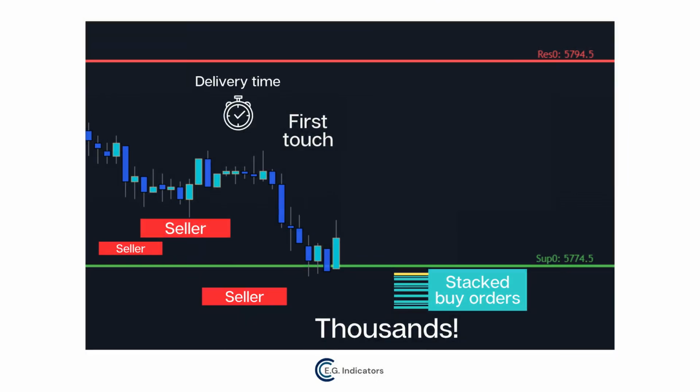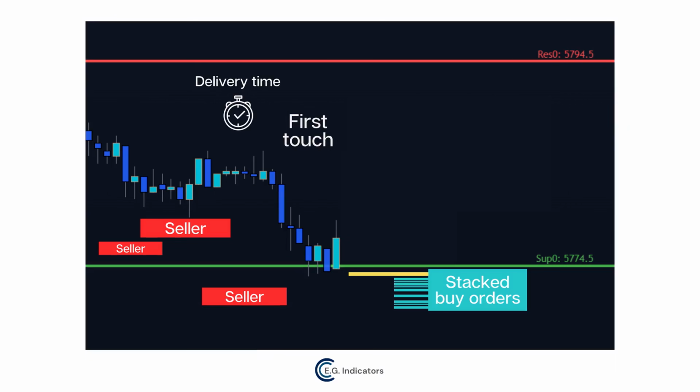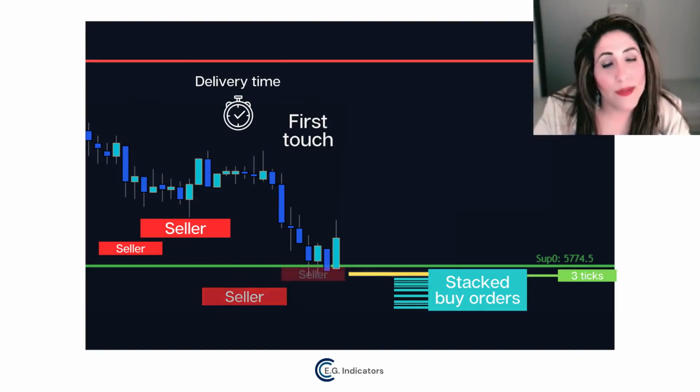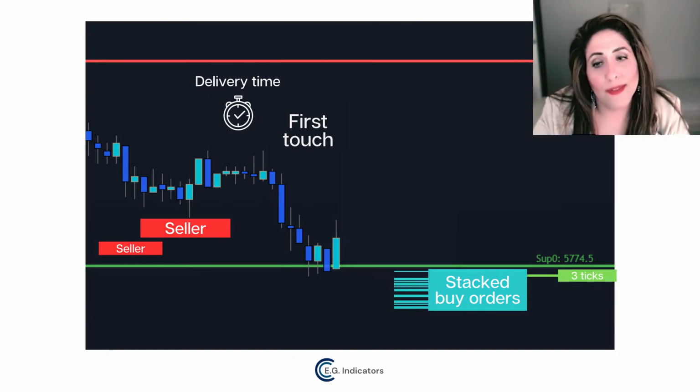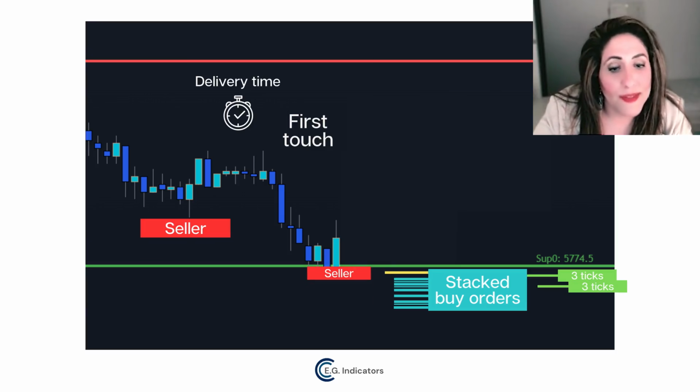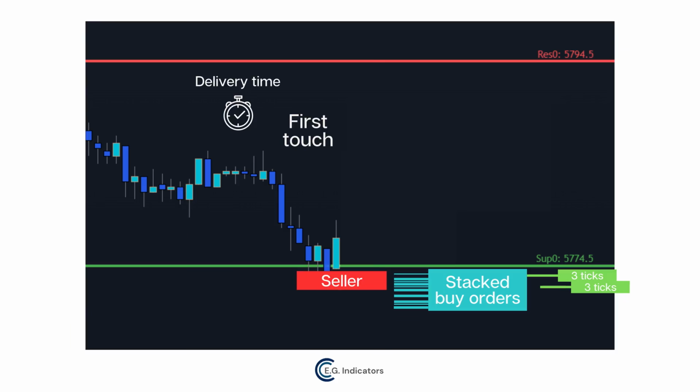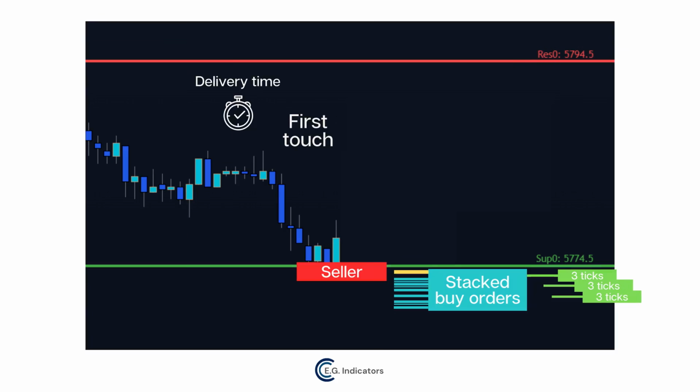So this seller takes this order, position is active, and this seller takes this order and another position opens, and this seller takes this order and another position is active.